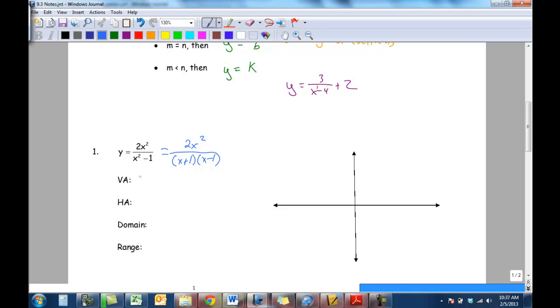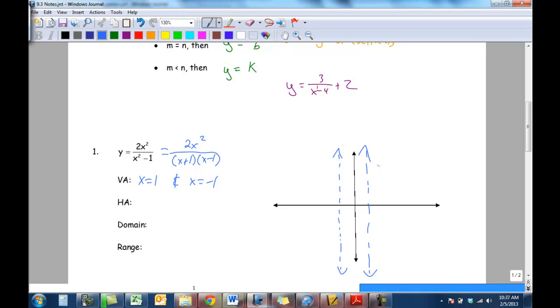So x is equal to 1 and x is equal to negative 1. Those are our two vertical asymptotes.